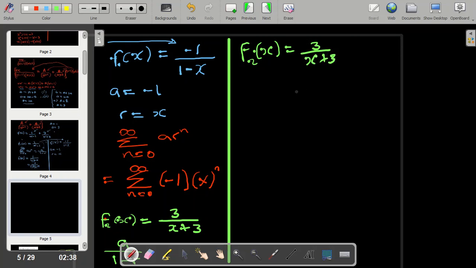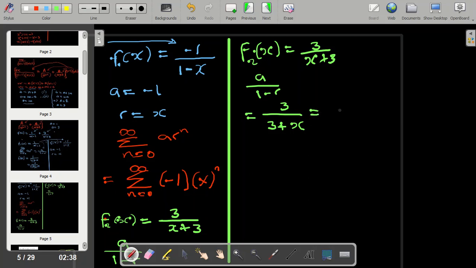We need to express it in the form a over 1 minus r. So how can we do that? All we need is to rewrite this function. It's the same as 3 over 3 plus x. So we need to change the negative there, and we need to change the 1. So we can also write this as 3 over 3 minus negative x.